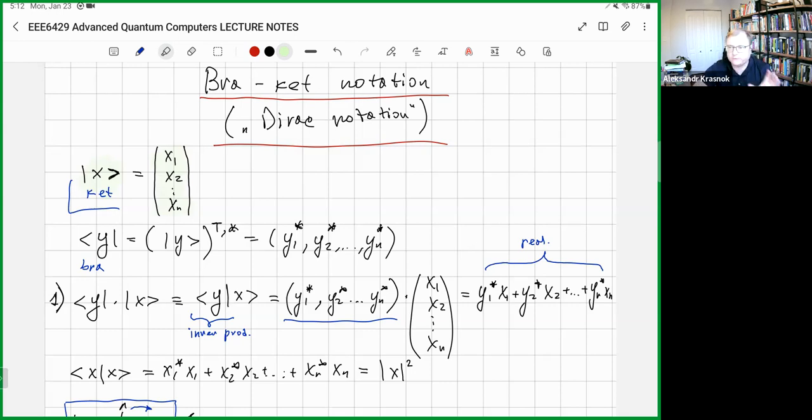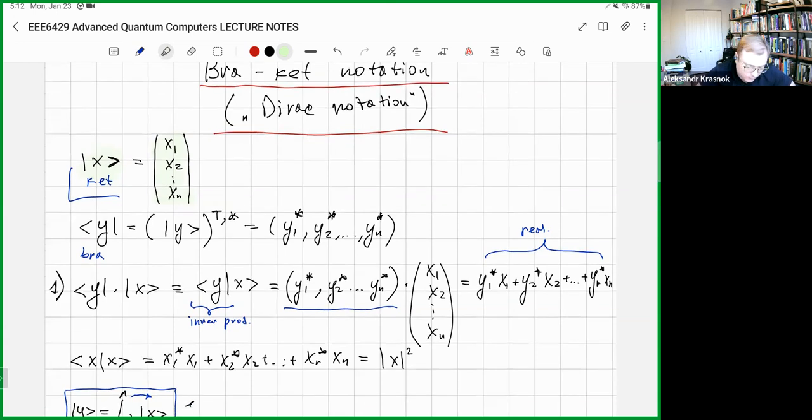The vector itself is an object that doesn't change when you change the basis. But when you select a basis, you can project this vector onto the basis vectors, and those projections are x sub 1, x sub 2, and all the way up to x sub n, where n is the dimensionality of our vector space.